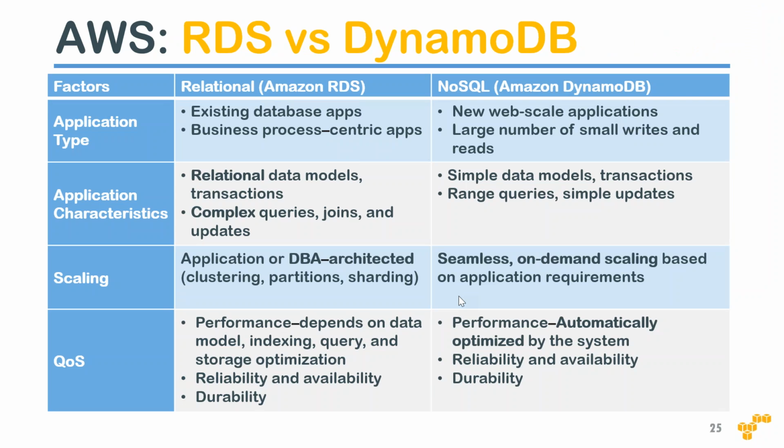Moving forward, some of the use cases where they are used. When it comes to application type, if you have a database or business process centric application, it is better to go with RDS. If you have a large web scale application like Facebook or Twitter, or I would say sometimes Netflix falls in this category, web scale, because you can stream anything from your browser, NoSQL makes sense in that case.